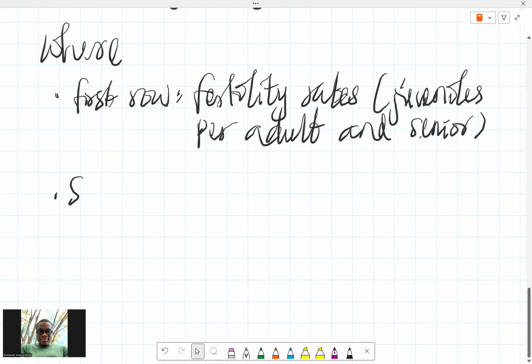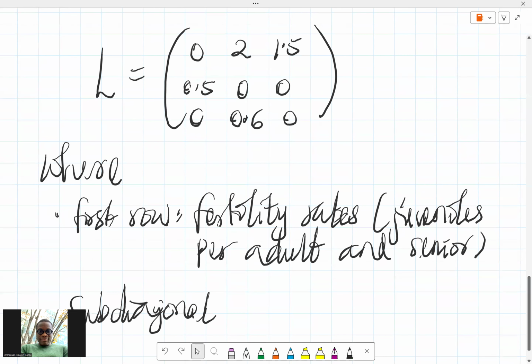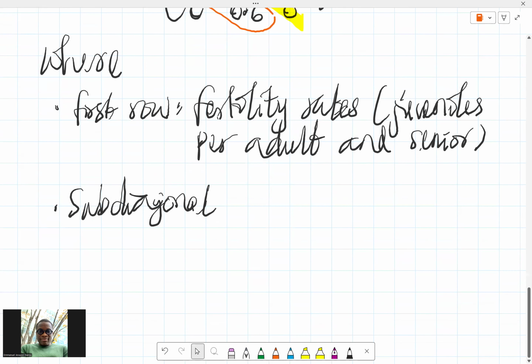Then you have the sub-diagonal. When we say sub-diagonal, that means everything below the diagonal, so these ones. The sub-diagonal entries talk about survival rates.